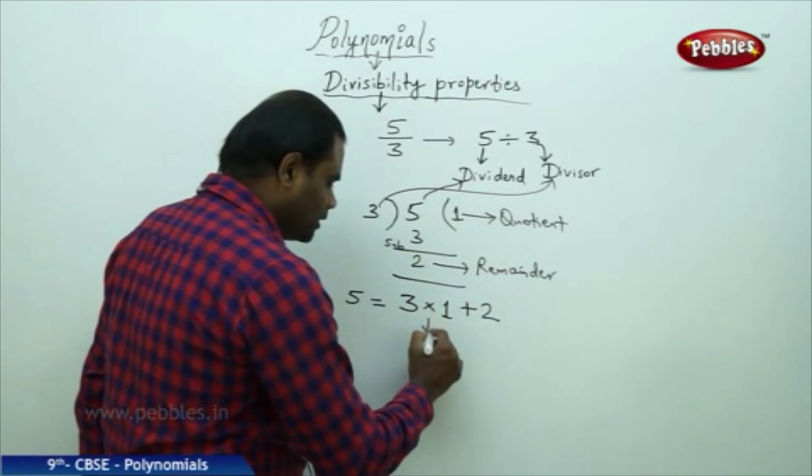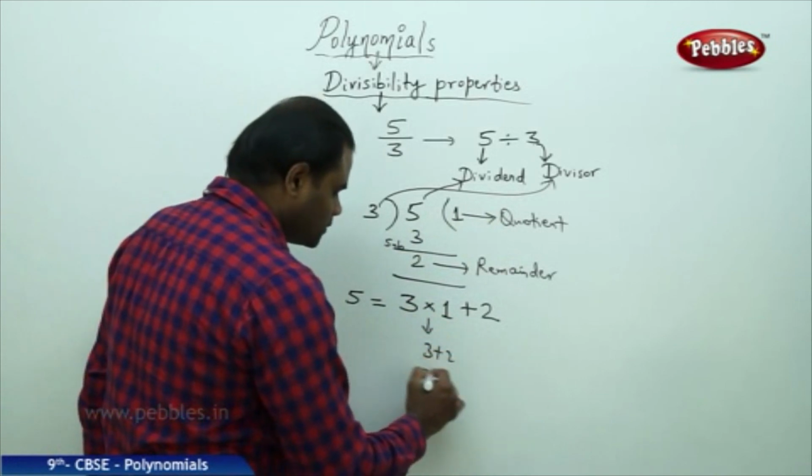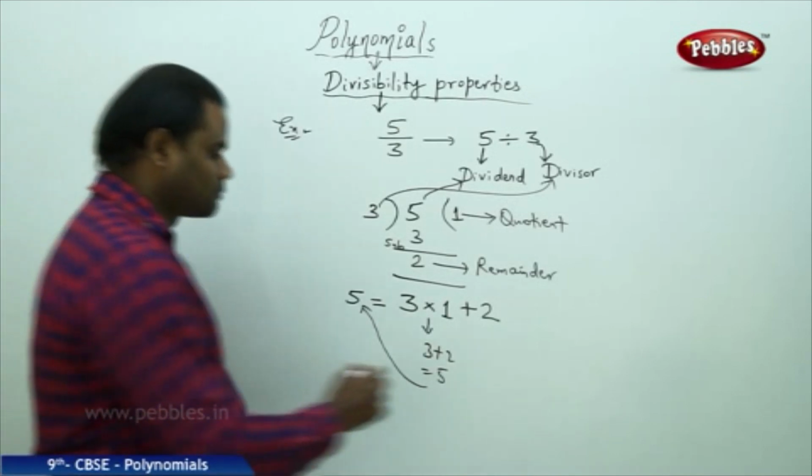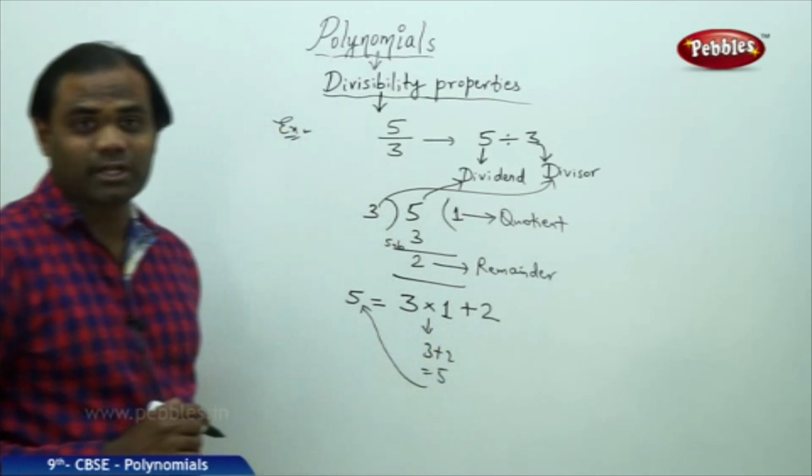This finally leads to 3 plus 2, which equals 5, the dividend.